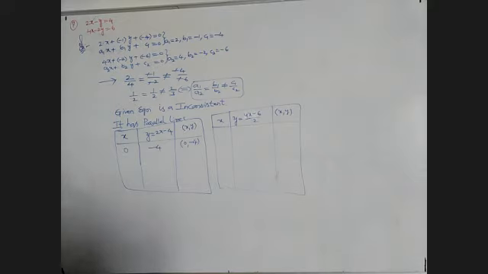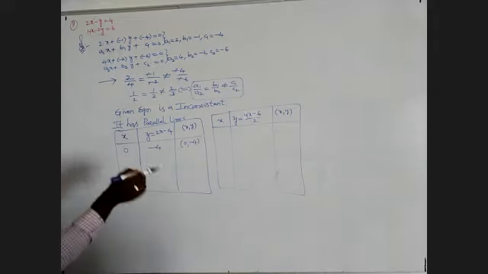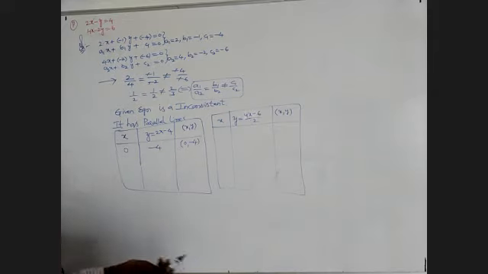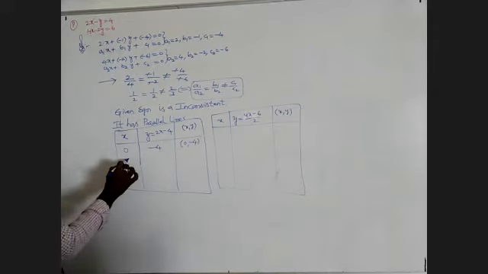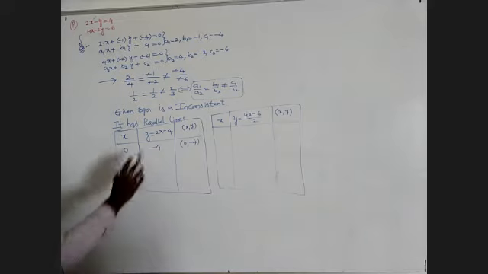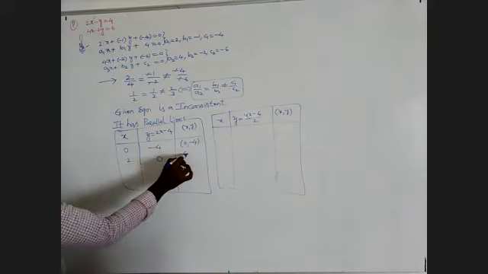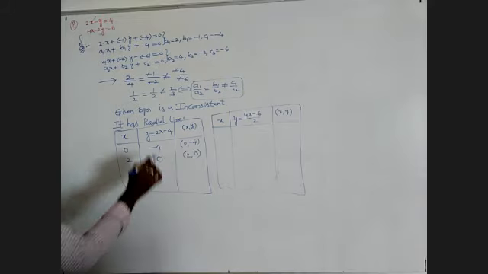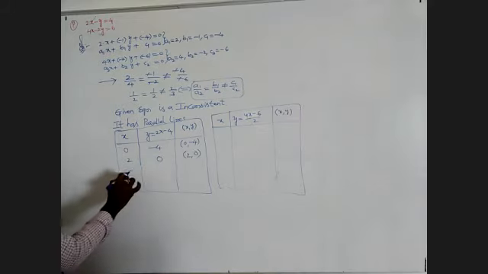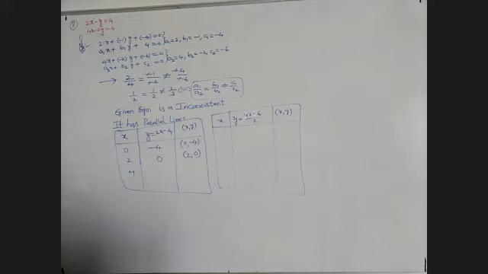Also, since the given graph is parallel, we have to take extended values also. Let x be 2. 2 twos are 4. 4 minus 4 is 0. That is the point 2 comma 0. After that, let x be 4. 2 fours are 8. 8 minus 4 becomes 4.